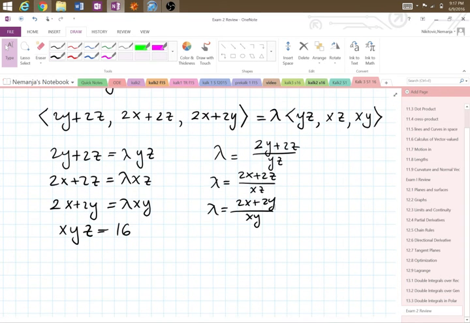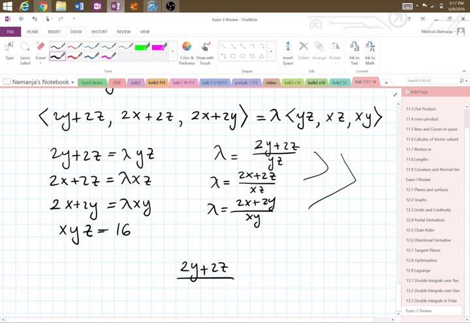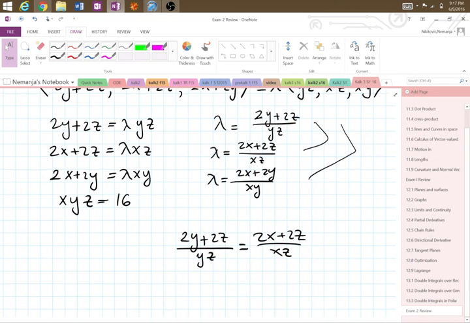And now you equate the first and the second, first and the third, or whatever way you want. We get 2y plus 2z over yz is equal to 2x plus 2z over xz. That can simplify. If you divide both sides by 2, all of the 2's drop, and if you multiply both sides by z, the z's drop as well.